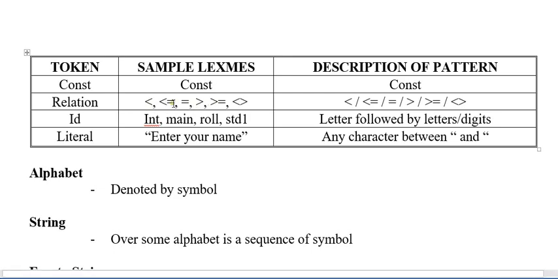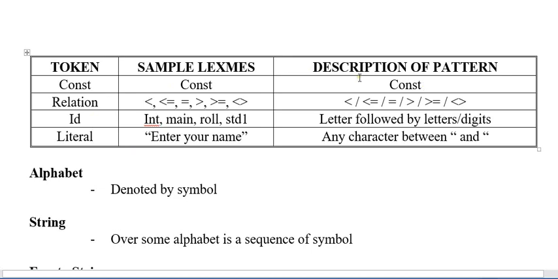Here we can see the relational operators. Those symbols are lexemes, but they are called a set of relations, which is a token.